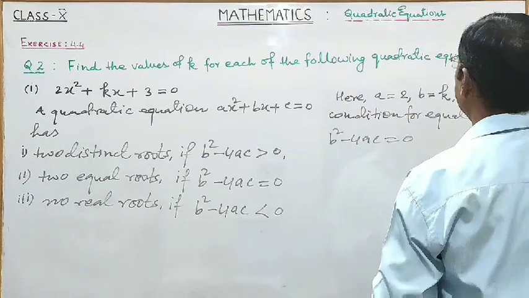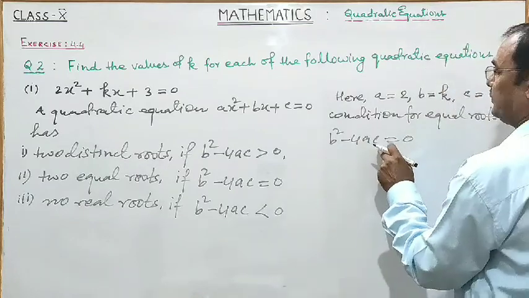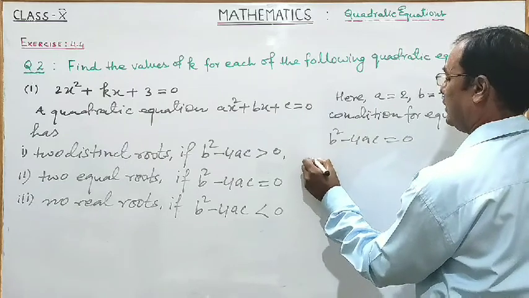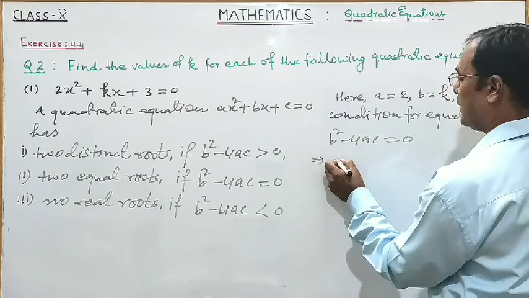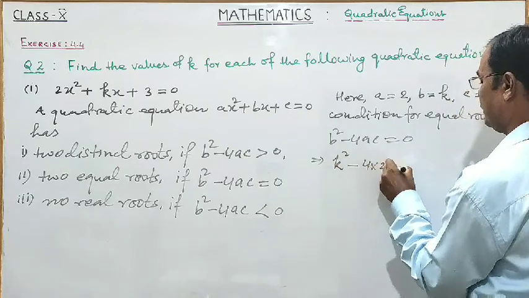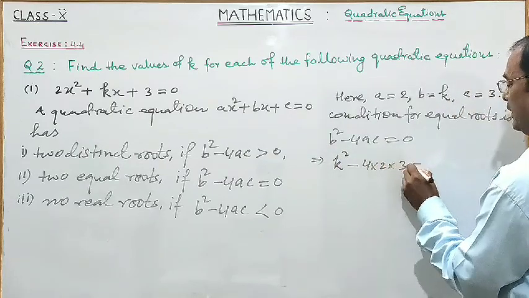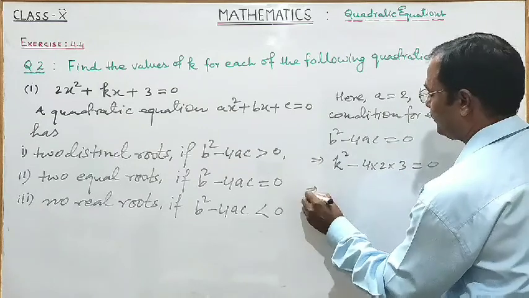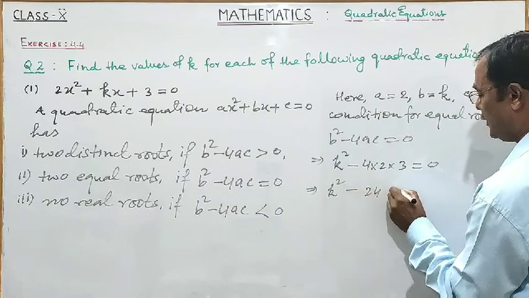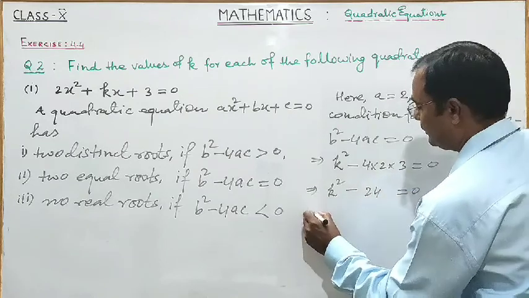Now put the values of a, b, c in this b square minus 4ac equal to 0. It is k square minus 4 into 2 into 3 is equal to 0. K square minus 24 equal to 0.